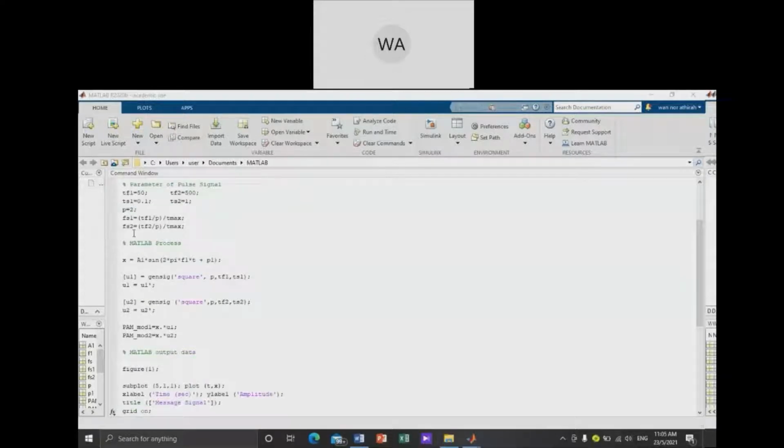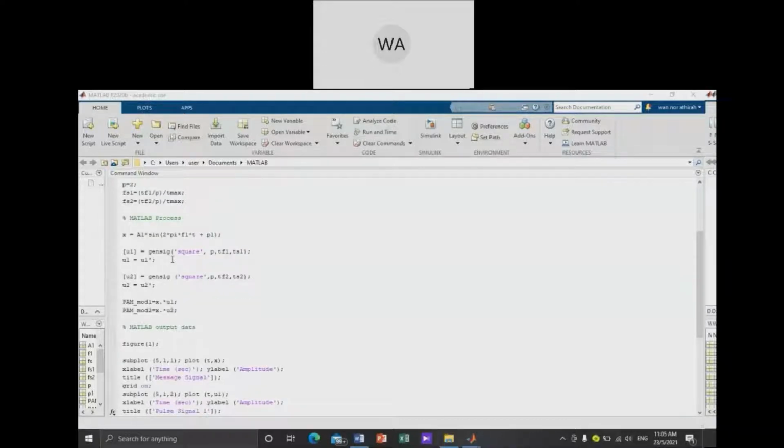Fs1 sama dengan TF1 per P bahagi dengan Tmax, Fs2 TF2 per P per Tmax. Seterusnya ialah part proses. X sama dengan A1 times sin times 2 pi F1t plus P1.